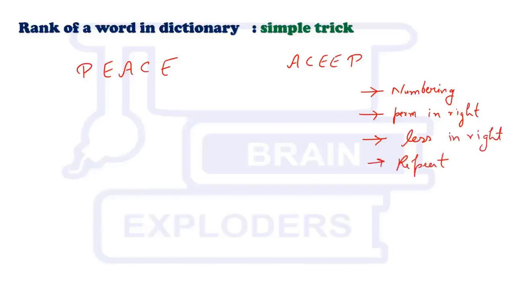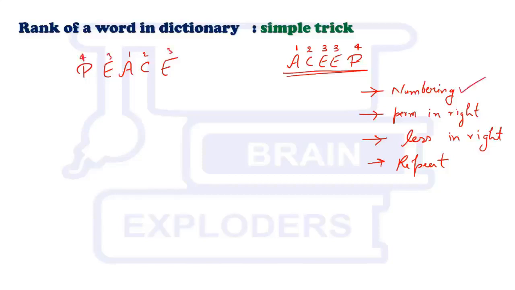Here we have written all the letters in ascending order, so we will have to number them one by one. A is 1, C is 2, E is 3. Now if the letters are repeated, give the same value to all of them, 3, 3, then P is 4. Okay, first step is done.